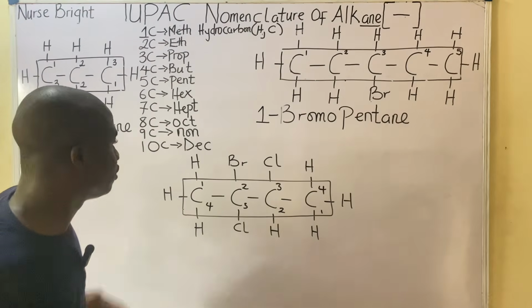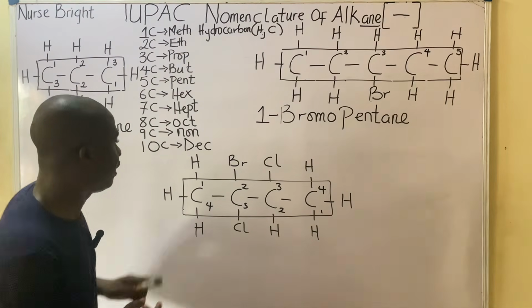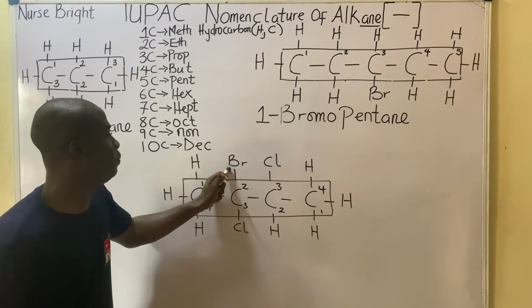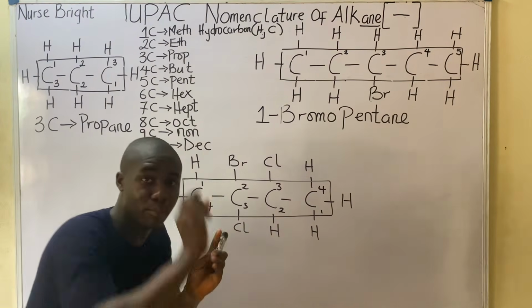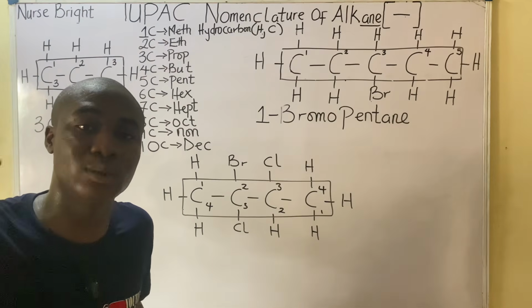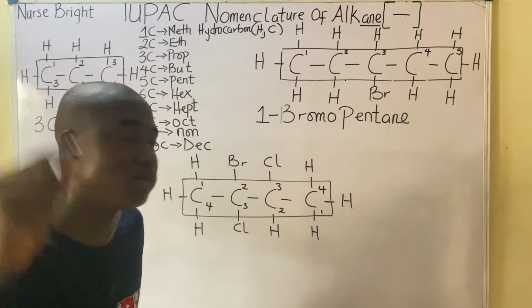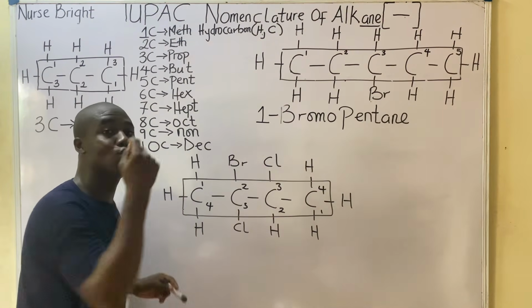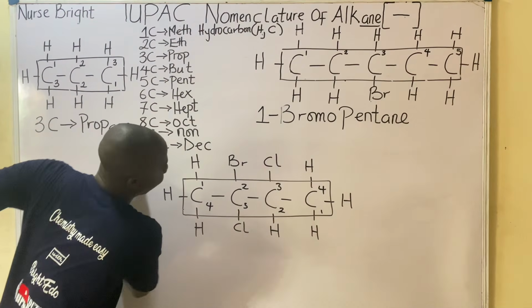So the point I'm trying to make here is this. If you observe bromine and chlorine, B and C, bromo and chloro, which one comes first when you are counting alphabetically? Letter B comes before letter C. Do you understand? So with this alone, this will make me count like this.